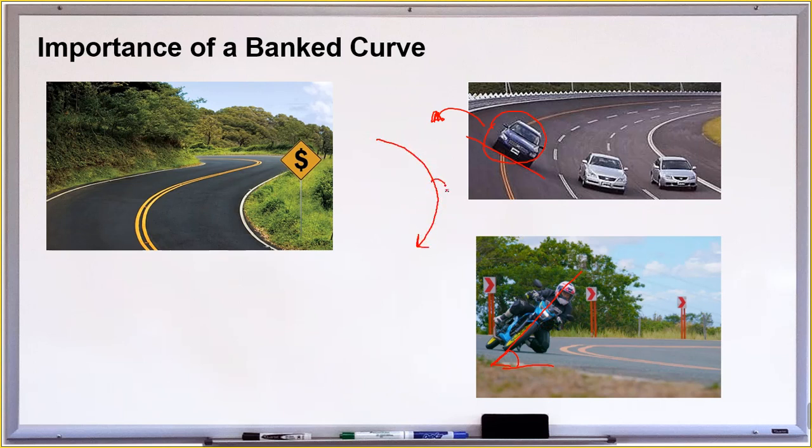if an object is traveling a curved path, if this is our object, let's consider this one as a particle. This curved path has a center of curvature right here, so there's a radius r. The force acting towards the center is known as the centripetal force, and of course its balance is the centrifugal force.